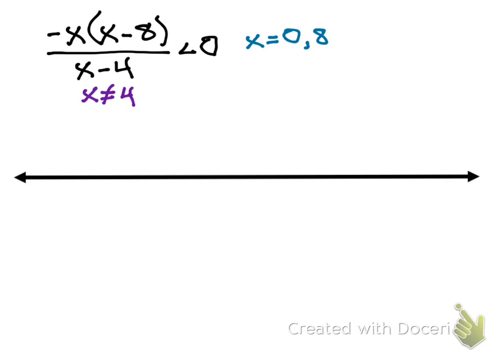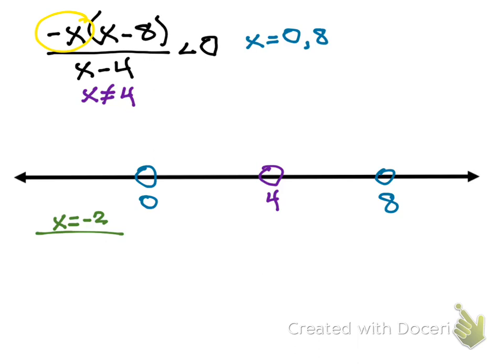Putting those on my number line, I have a 4 that will have an open circle because it's a restriction. My 0 and my 8 both have open circles because that is a less than. Next, we need to start testing our intervals, to the left of 0 at x equals negative 2. Again, remember this factor here is a negative x, so we are going to have to watch that.